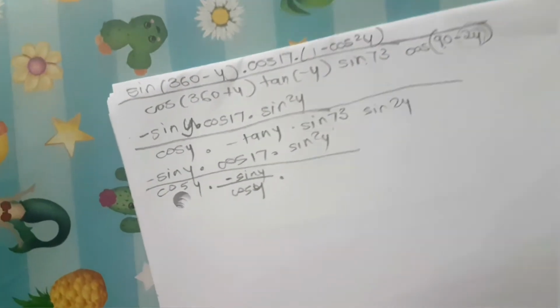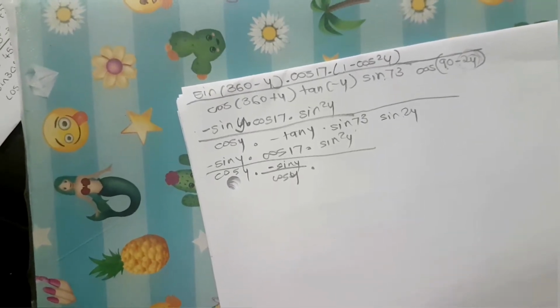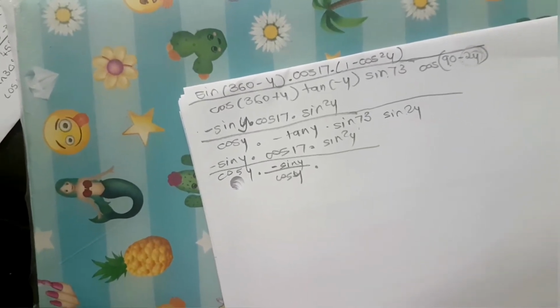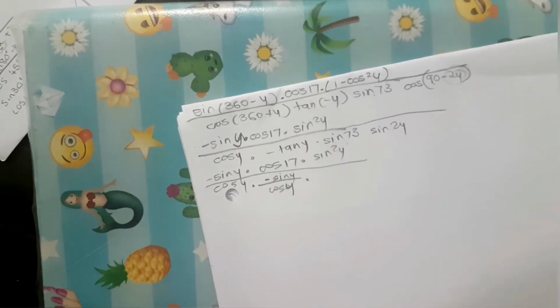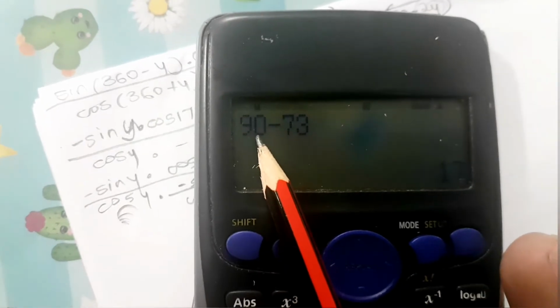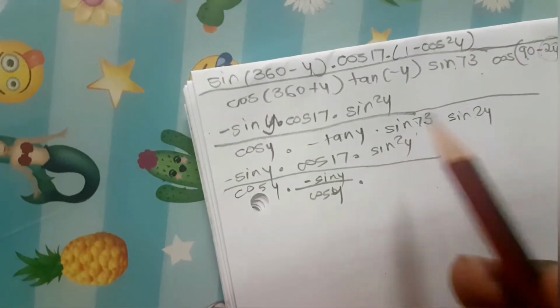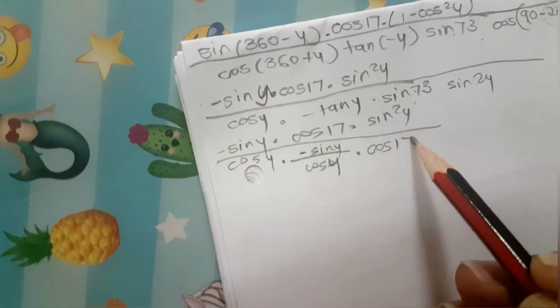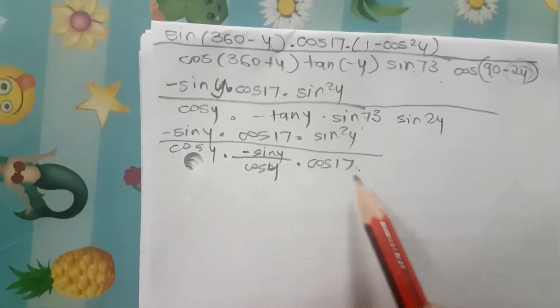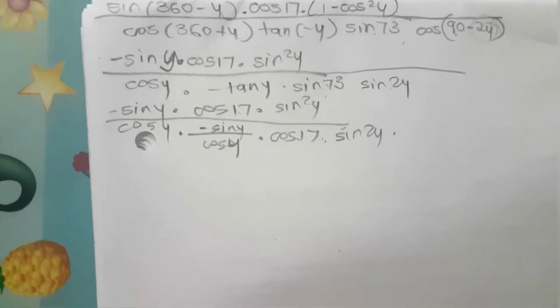From grade 11, you remember that for sin and cos, 90 minus the number will give you the other. So sin 73 will give you cos 17. With that, you can see that they are similar, and then you complete your sum.